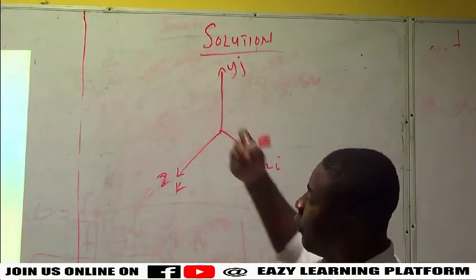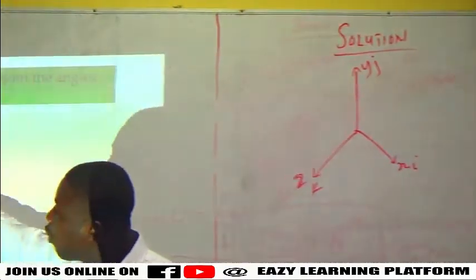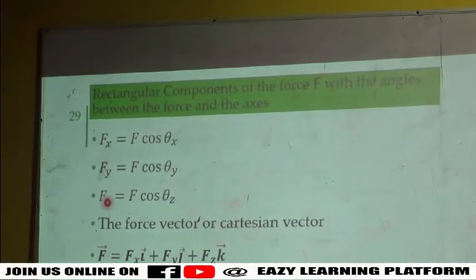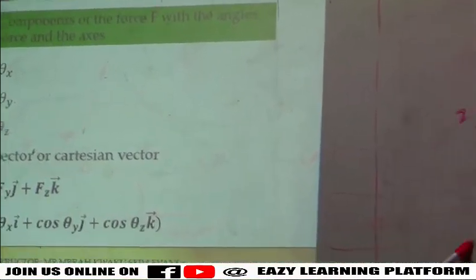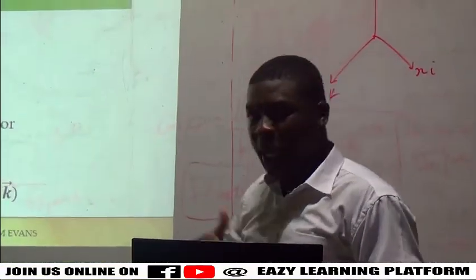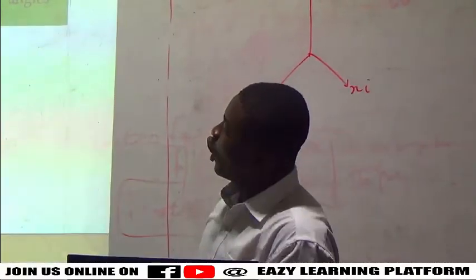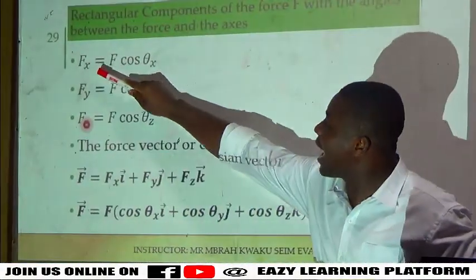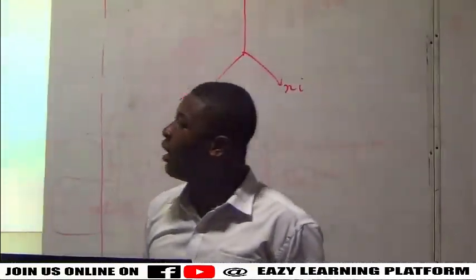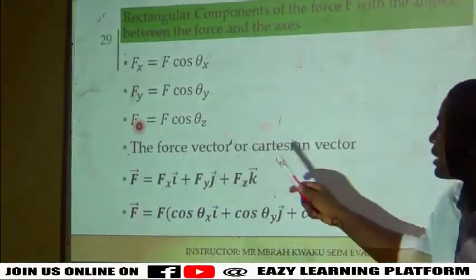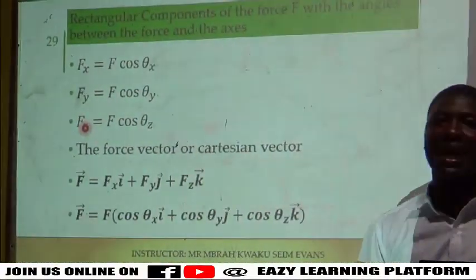So now, representing these forces Fx, Fy, and Fz vectorially, I must bring in the unit vectors. The unit vectors tell you which direction you are in. So this is in the x direction, so it will be i. The force vector, or the Cartesian vector, will be equal to Fx i.